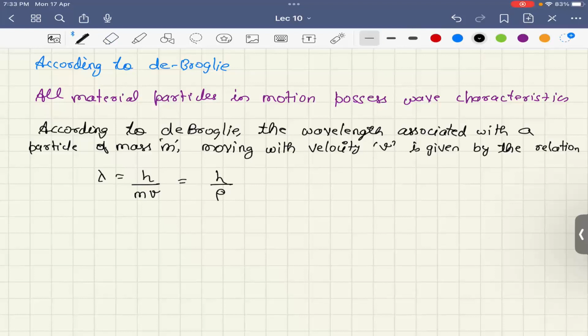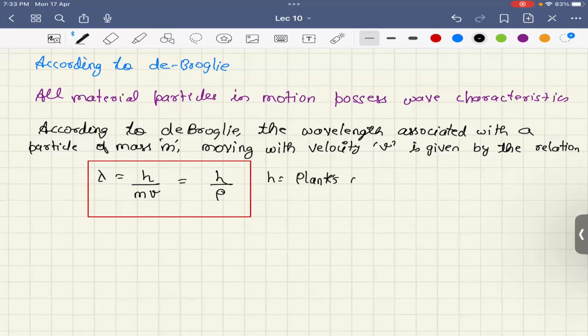So p here stands for momentum, where h equals Planck's constant, and p is mass into velocity, which is momentum. And these waves are called de Broglie waves, right?